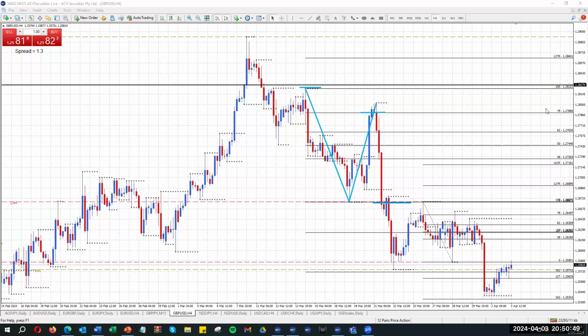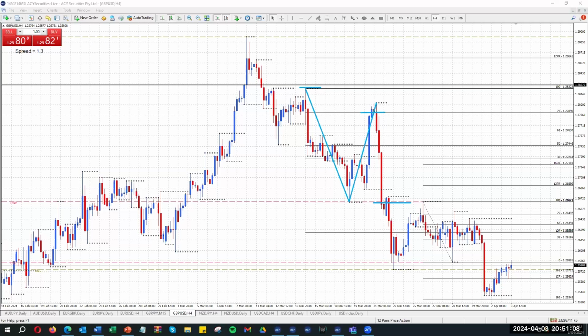Because if we think that this 79% level here, we call it 80, then there's 20 from this level to the high. Now, if we call this range 100 pips, and rather than call it 79%, let's just call it 80, there's 20 pips from here to the top.